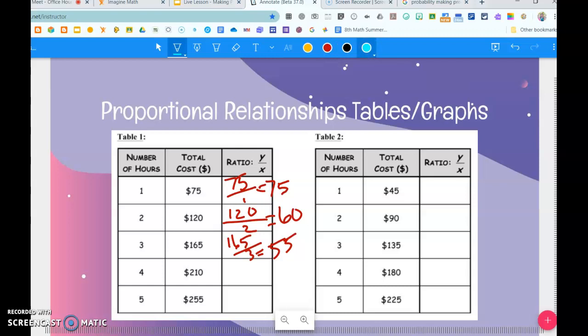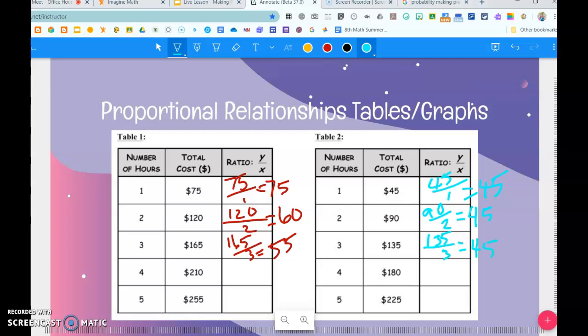All right, so we have 45 over 1. That equals 45. We have 90 divided by 2. That still equals 45. Oh, we're on the right track. 135 divided by 3 is equal to 45.